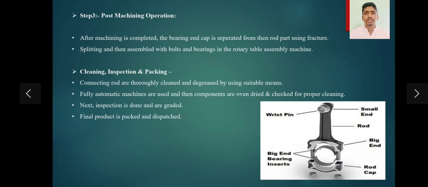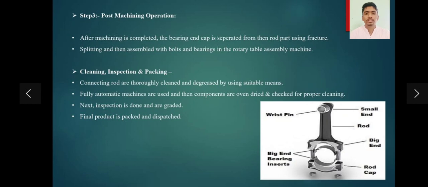After machining is completed, the bearing end cap is separated from the rod part using fracture splitting, and then assembled with tools and bearings in the rotary table assembly machine. Cleaning, inspection, and packing. Connecting rods are thoroughly cleaned and degreased by using suitable means.